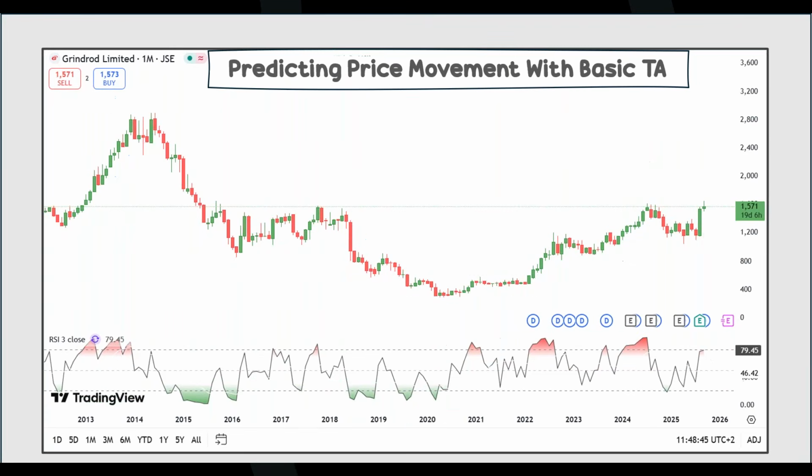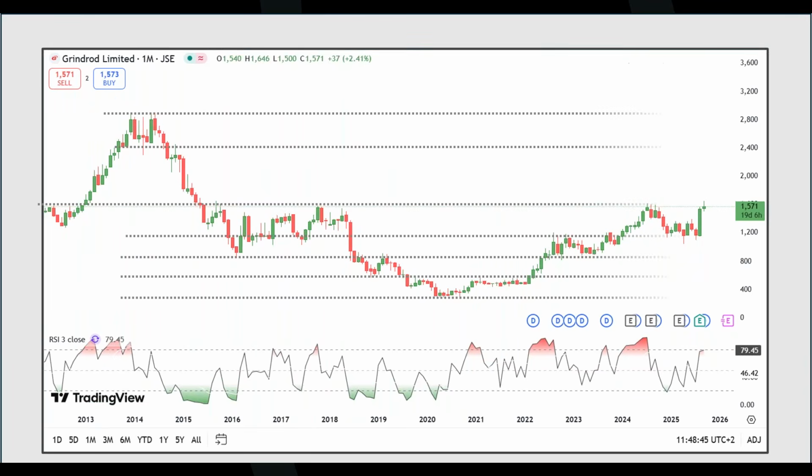All right. How do you predict price movements with just basic technical analysis? Those trend lines that you've been drawing and the support and resistance levels are the ones that tell you where price is likely to go.